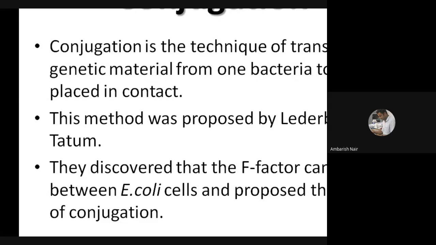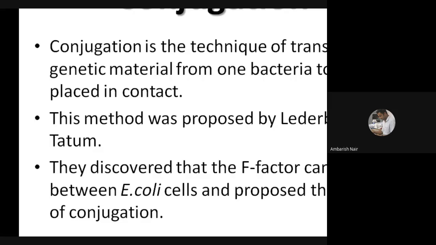Long back, they discovered that the F factor can move between E. coli. F factor means fertility factor, which can move from bacteria A to B. And first they studied in E. coli because most of the concepts we study today all happened in E. coli, because it is easy to grow and easy to see the results, and it is not pathogenic as such.